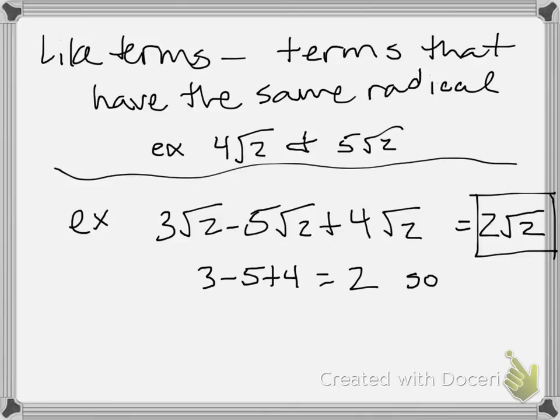Now, just like when you're combining variable expressions, your variables never change. So when you're combining radical expressions, your radicals never change. The only thing that can change the number inside a square root is when you multiply it by another square root.